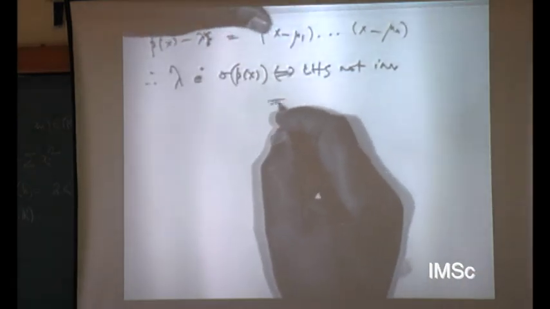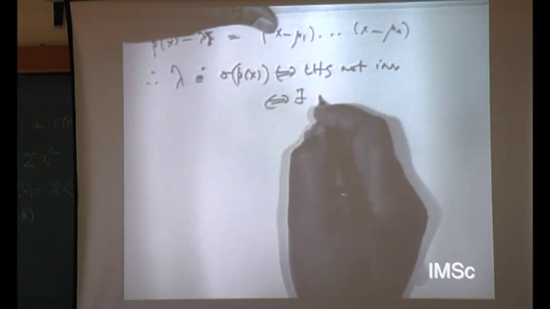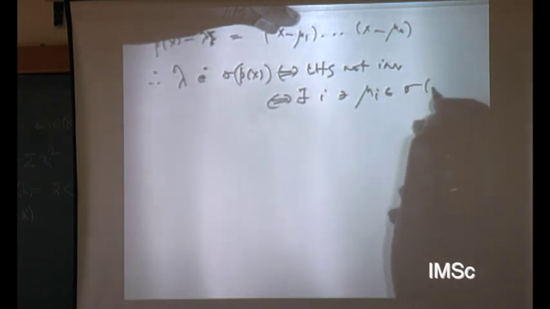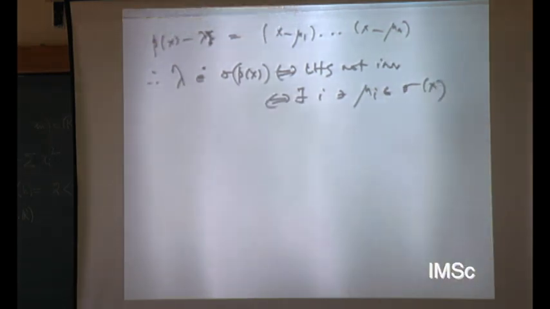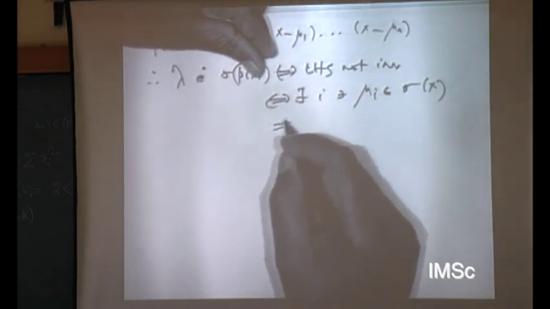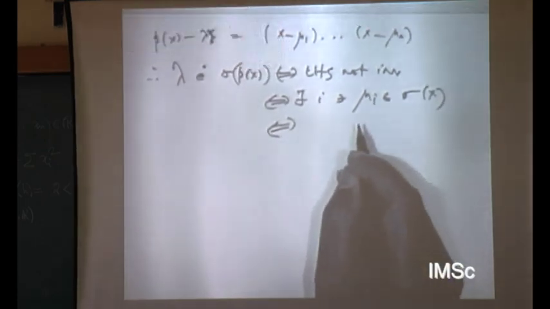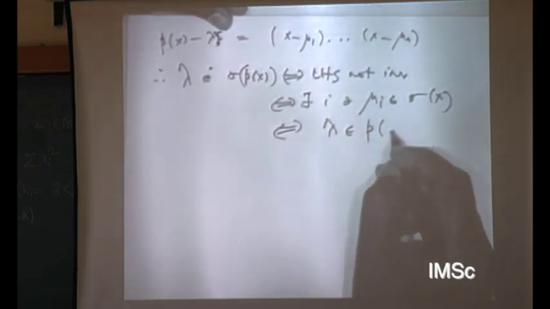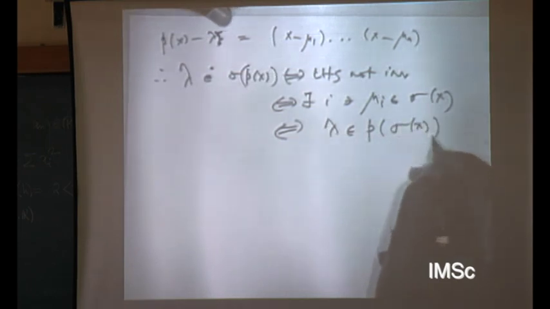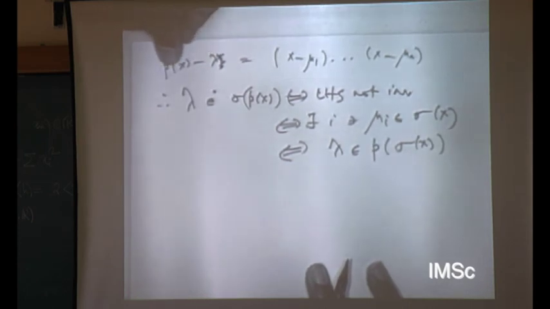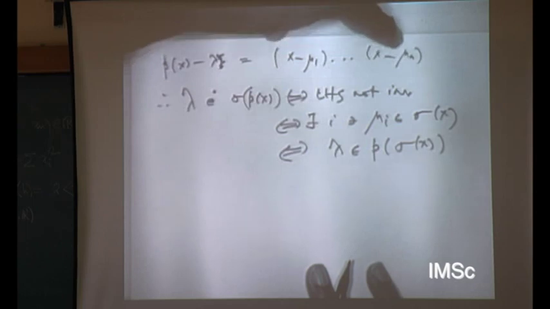So that means there exists an i such that mu i is in the spectrum of X. That is the same as saying that lambda is in P of the spectrum of X. If you look at this equation, lambda can be P of somebody only if that somebody is one of the mu i's.